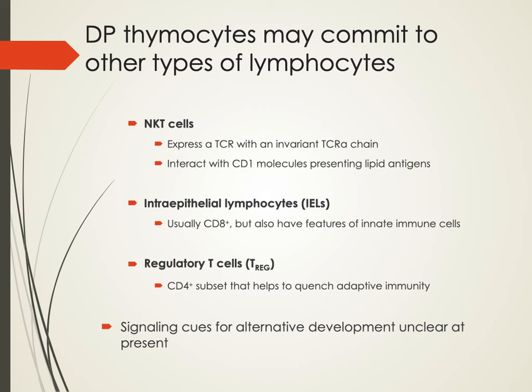So these different outcomes all rely upon what signal cues were given to the double positive thymocytes. Traditionally, the more common pathway would be single positive, either CD4 or CD8, going into the helper and cytotoxic lineages.